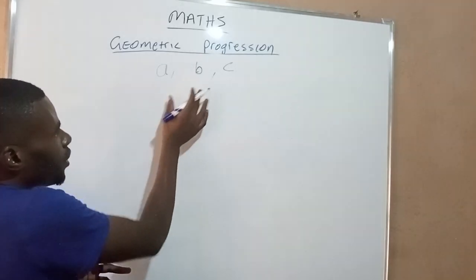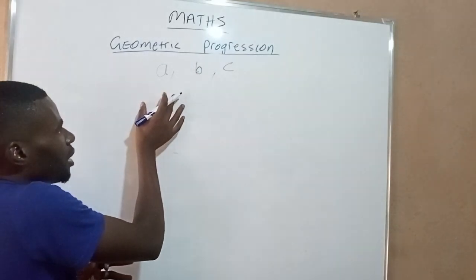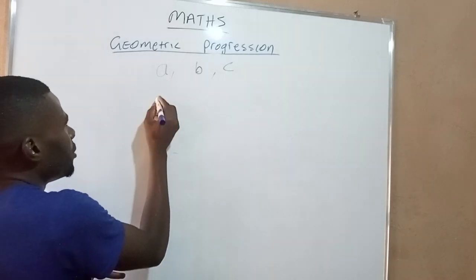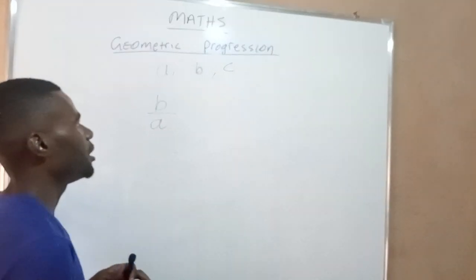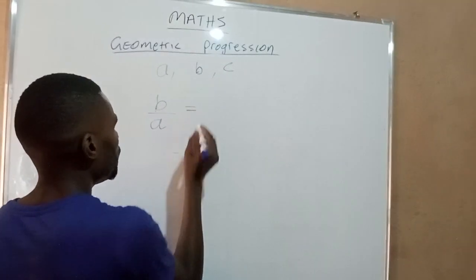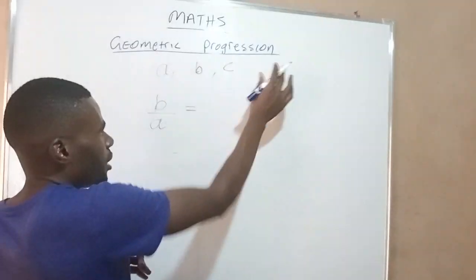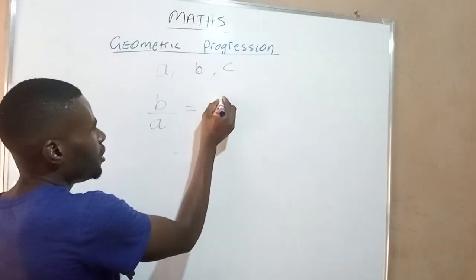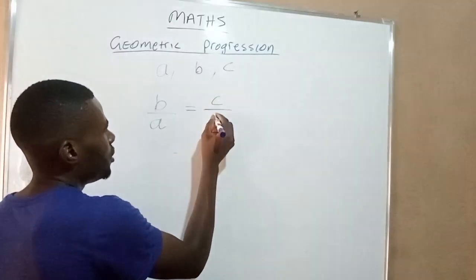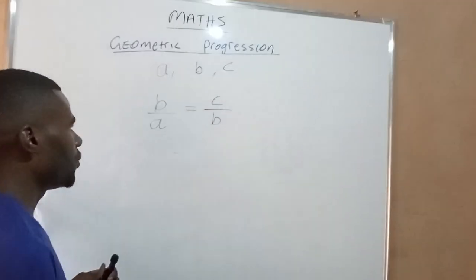Dividing. So here we can say term number 2 over term number 1. So our term number 2 is B, term number 1 is A. We're saying this common ratio is constant throughout the pattern. So term number 3 over term number 2, which is C over B, should also give us the common ratio.